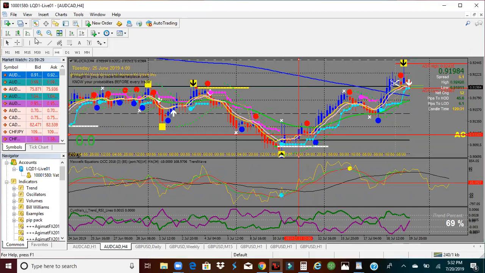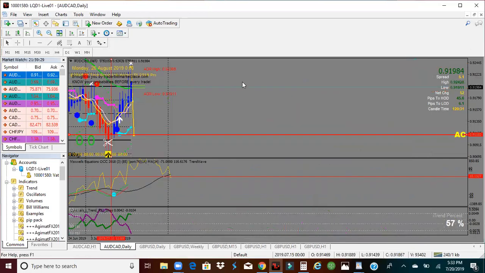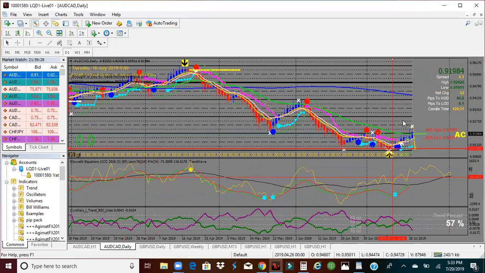So with AUDCAD, you're going to be looking particularly for a sell. Let's check the daily to confirm that. Okay, so on the daily, it is a small pullback. Now this is where it's kind of iffy, is how the Maxwell equation looks. The Maxwell equation is still in a buy zone.